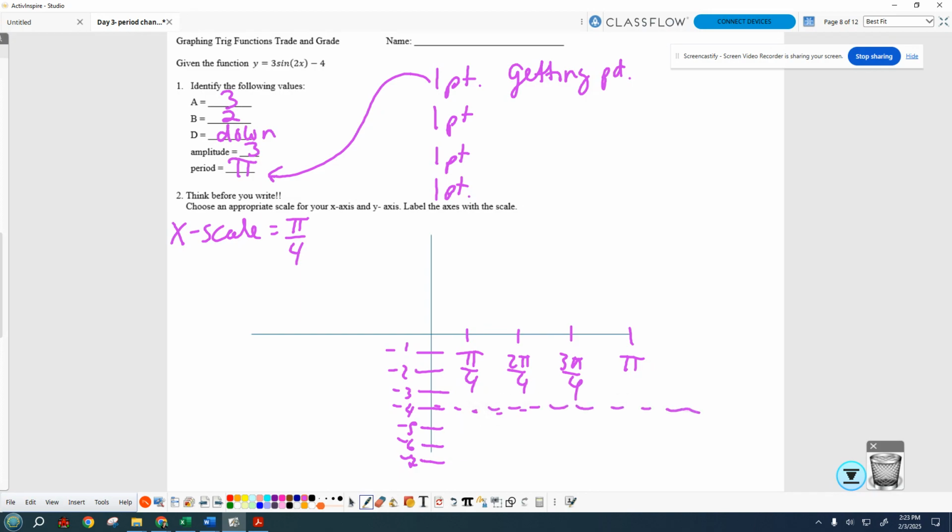I need to at least see where the midline is, that needs to be labeled. So, scales, you need a scale on the X and a scale on the Y. And the y-axis has to be labeled.